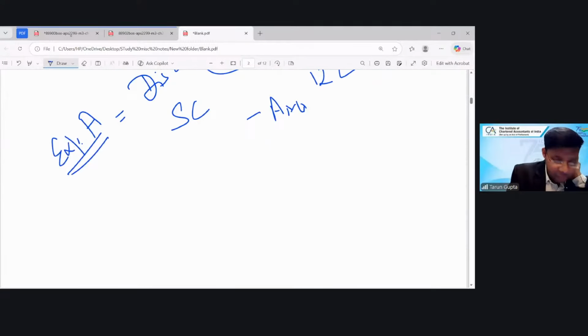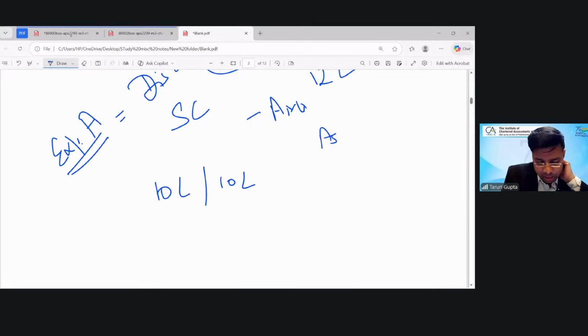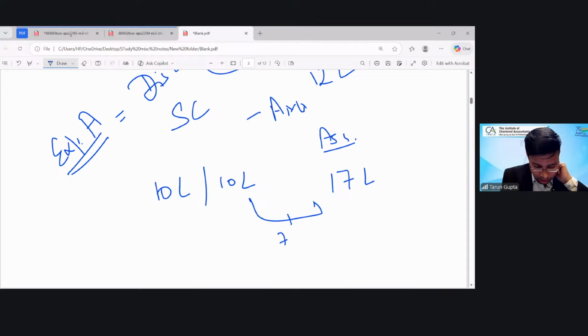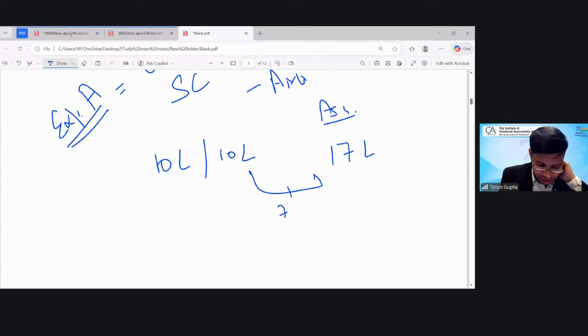Say I furnish a return of income with an income of rupees 10 lakh, and in the intimation also it was 10 lakh, and in the assessment the income is increased to 17 lakh. So there was an addition of rupees 7 lakh. But out of this 7 lakh addition, I had an explanation which was accepted by the officer in respect of rupees 2 lakh.